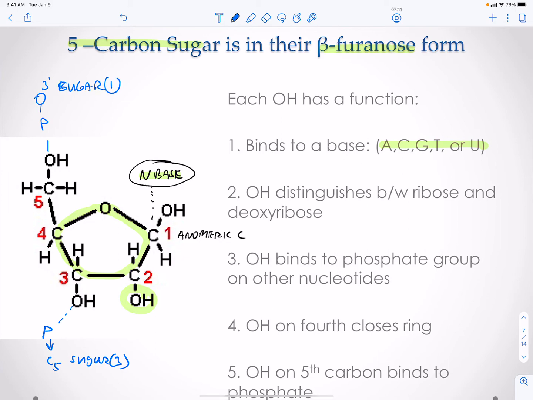We'll call this sugar 1, and this is sugar 2, and then this is sugar 3. So they kind of form a chain. So the 5' carbon OH is going to bind to a sugar, and the 3' carbon OH is going to bind to another sugar to start to form the nucleic acid.